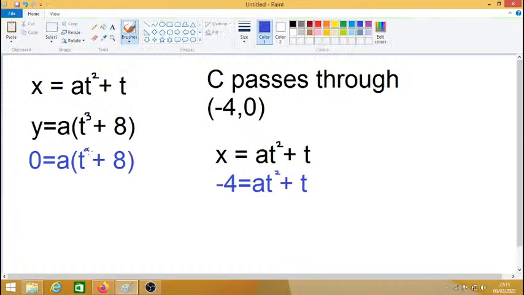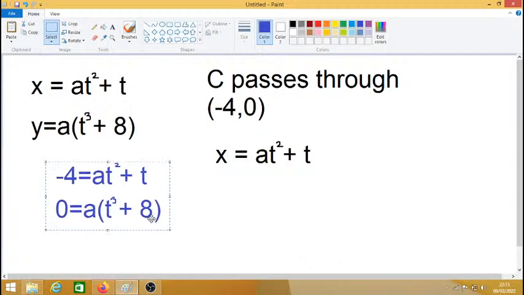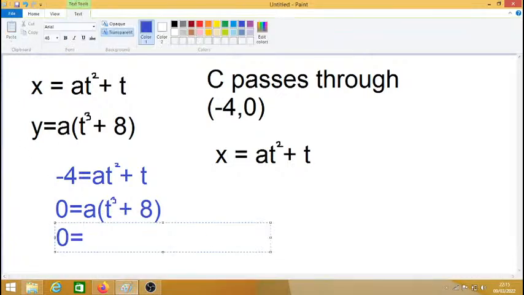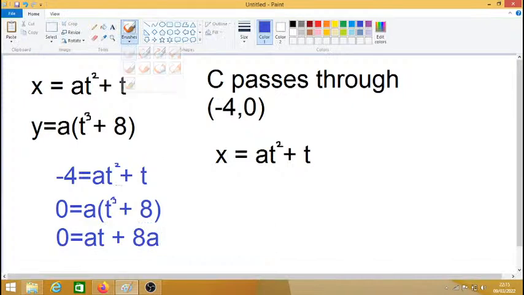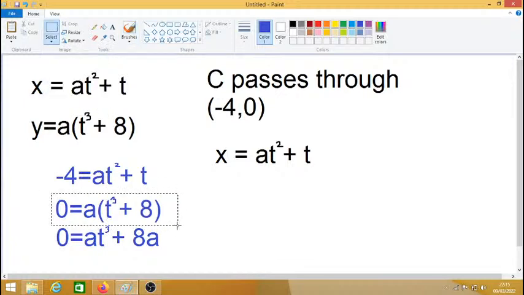Now let's put those two equations together and see if we can use them to figure out what a is. Most likely we're going to need to work out what t is first. Let's expand this out, so we've got 0 is equal to at cubed plus 8a.